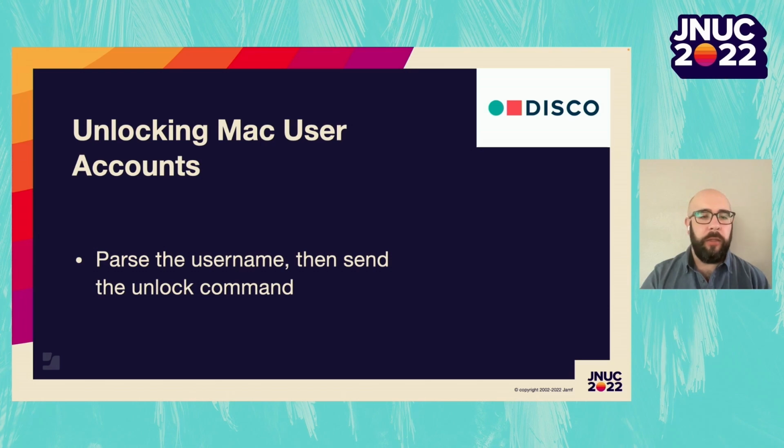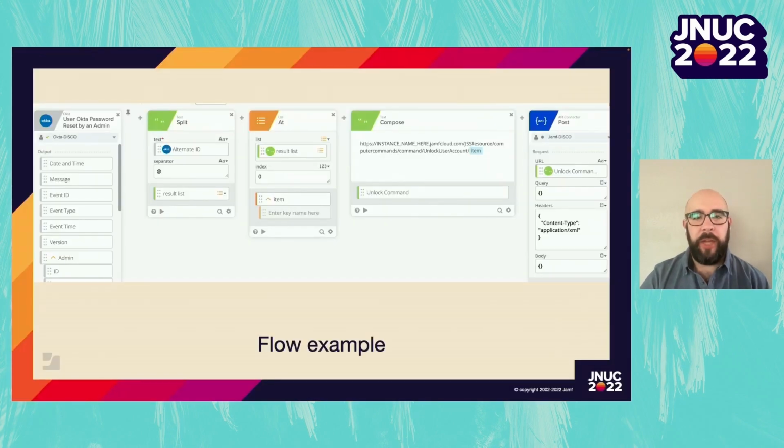So let's take a look at this workflow automation. Again, this is cut off a bit, and you can see this entire flow on my GitHub. On the far left, the Okta event that's doing most of the work for us is listening specifically for when an admin resets an Okta user password.